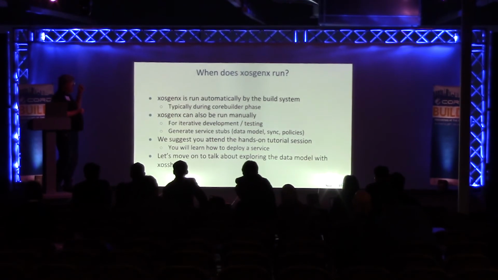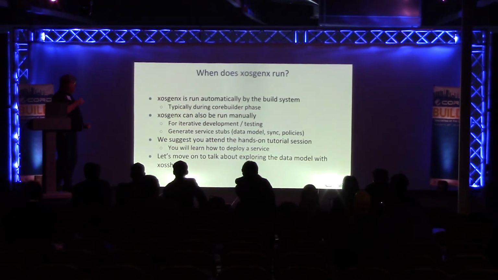So for example, change something in your ExProto file and observe what changes in the output. Also to generate service stubs. So for example, we can generate entire scaffolding of a service, synchronizer stubs, data model stubs, policies. We can generate all that from ExProto and give you a starting point to get your service started.